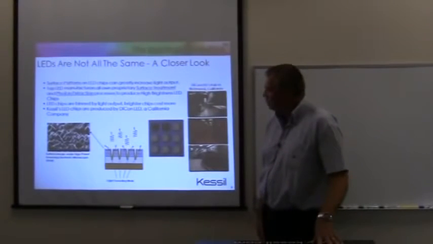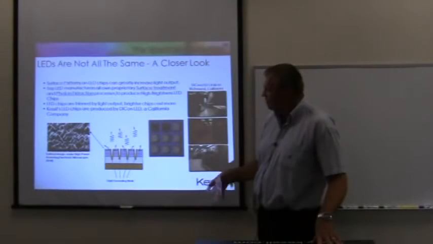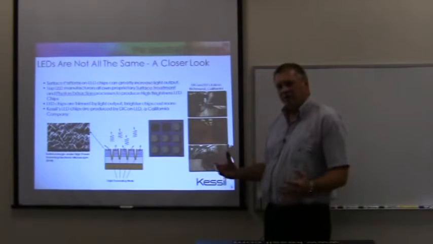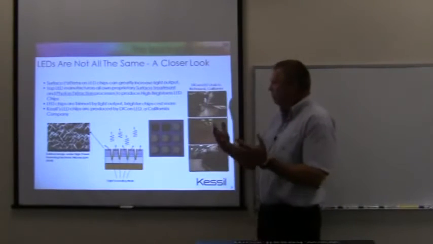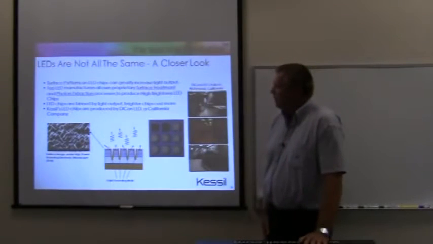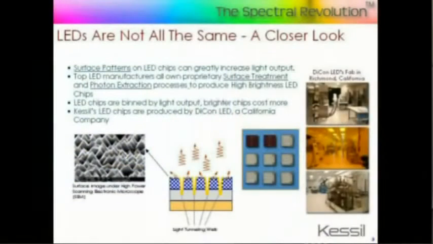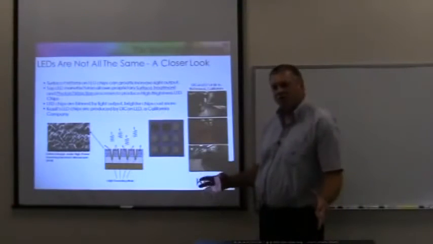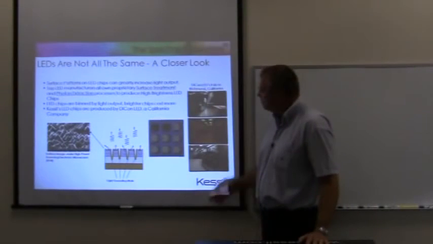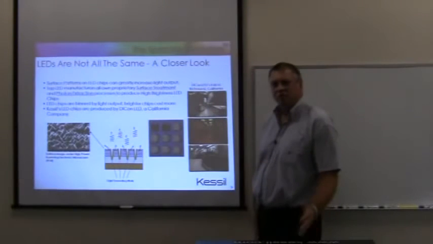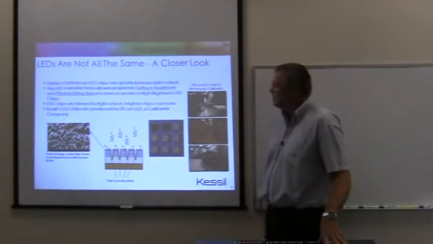And more specifically, make sure that the light that is emitted from the surface of the LED chip is emitted in a more vertical direction. Top LED manufacturers all have highly proprietary surface treatment and photon extraction processes and the little tricks that they all play to produce high brightness LED chips, and that same thing is true for Dicon LED.